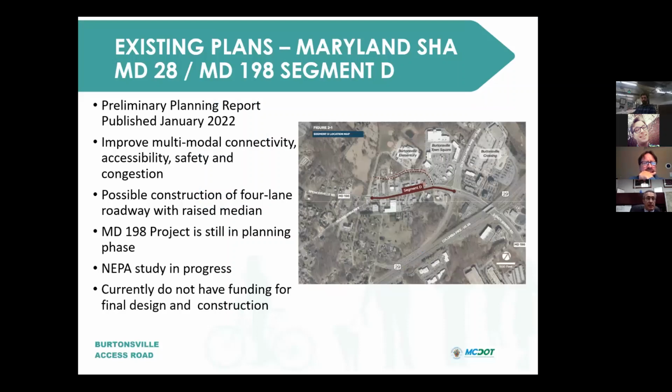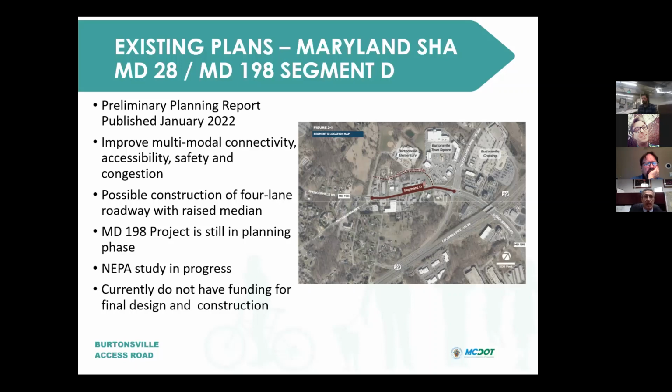This is the SHA's project, and I made myself, I'll be honest with you, some cheat notes so I don't misstate anything. As you all probably know, SHA did a planning study for an entire corridor of Maryland 198 and Maryland 28, which they completed in early 2021. That project, which is from I-95 to Georgia Avenue, they have now broken up into various segments.